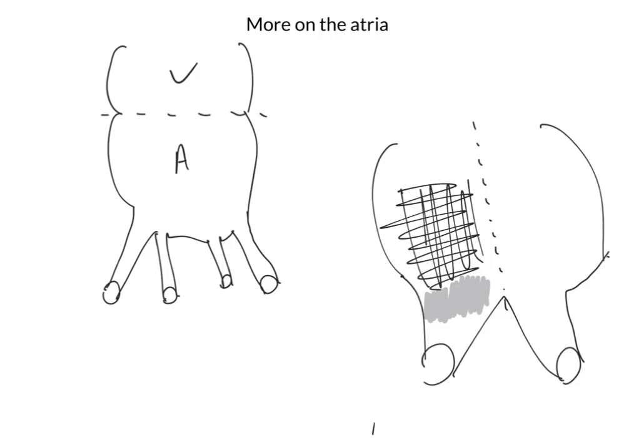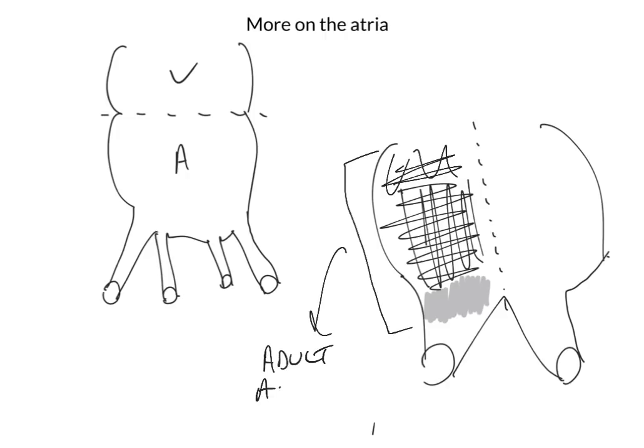Okay? So these two regions that I've drawn will both go on to become the adult atrium. Okay? So the adult atrium is formed from contributions from both the sinus venosus and the primitive atrium.